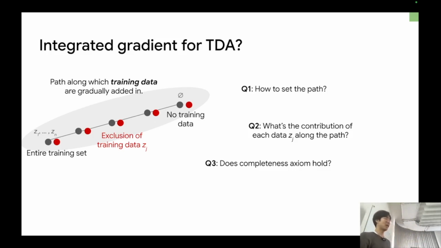So now the question is how to set this path. And the second question is, for each point in this path, what is the contribution of Zj? Once we have this contribution, we are going to add all these infinitesimal contributions along the path. And that's going to be the total contribution of that Zj point along this trajectory. And then finally, the question is whether the so-called completeness axiom also holds for this kind of scenario as well.